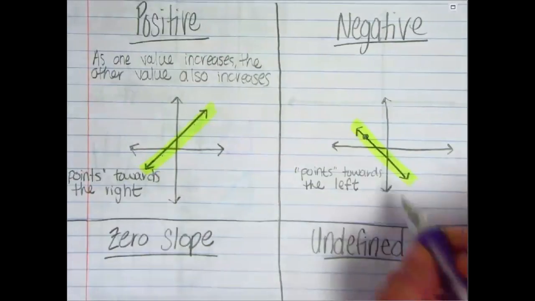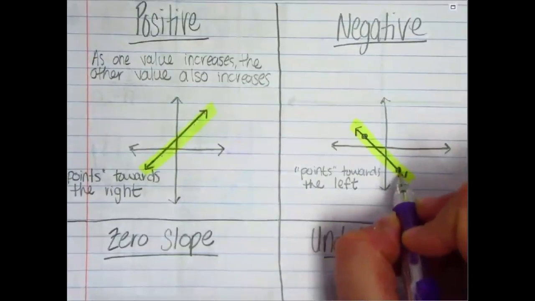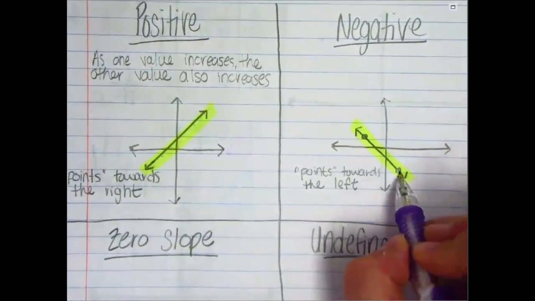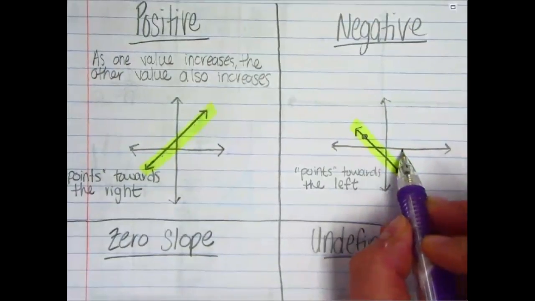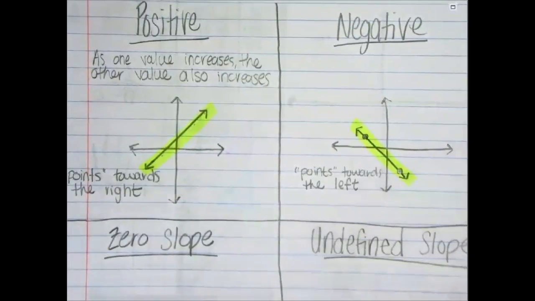It works the same if I go back the other way. Let's say I want to plot this point. I'm going to increase, and then I'm going to decrease. It works the same way.